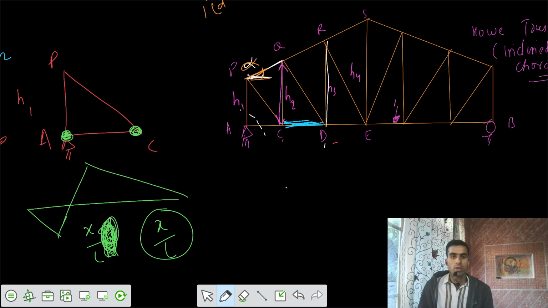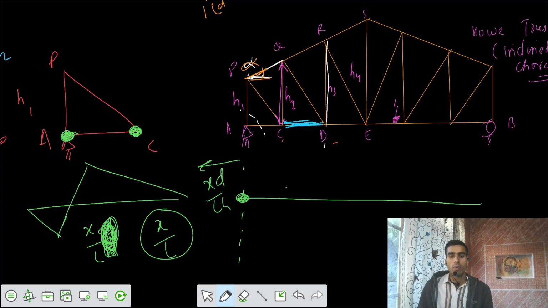So once we get the two ordinates, one at location A, one at location B, the value at this location would be xd by lh, but the value of x is 0, so the ordinate is also 0. And at this location, the value of x in this direction is 5a.